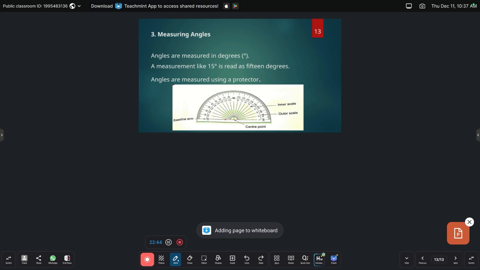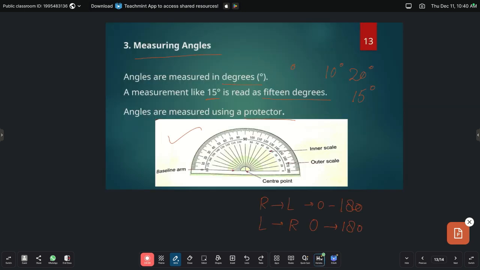The first reading starts from right to left, from 0 to 180. The next is left to right, that is also 0 to 180. Got it? So, it has 2 readings.